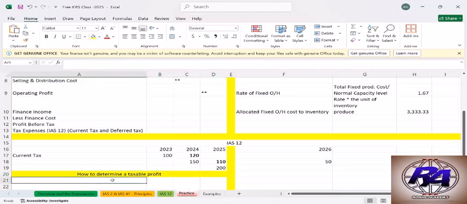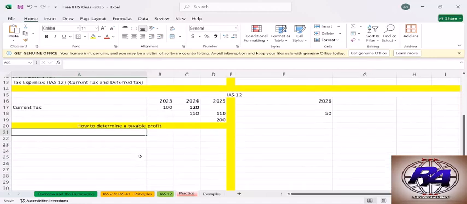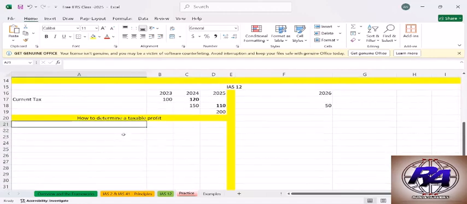So the first thing is always there is a profit that the company has determined. So always we go for the profits before tax. So to determine the taxable profit for a company, you always go for the profit before tax.